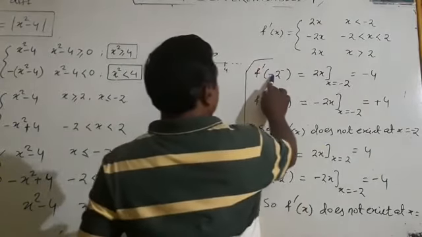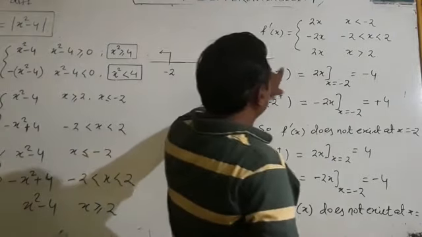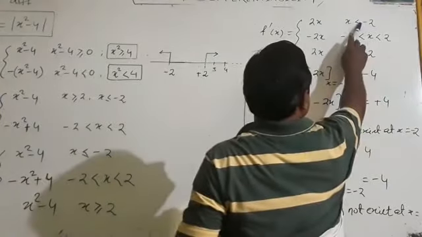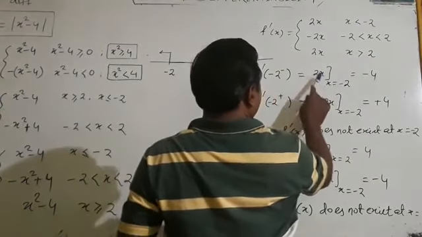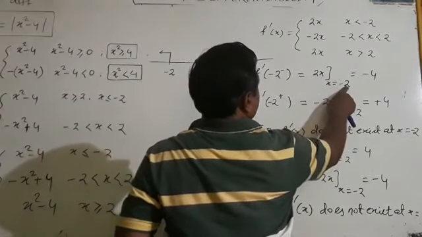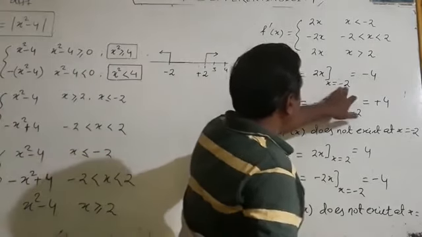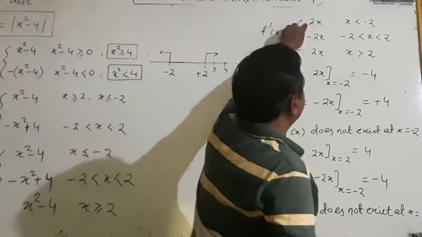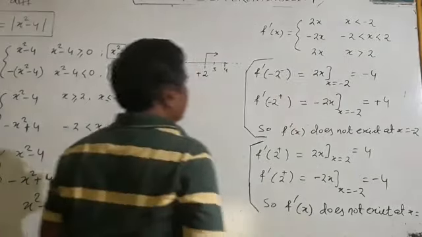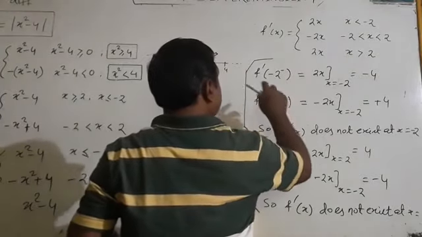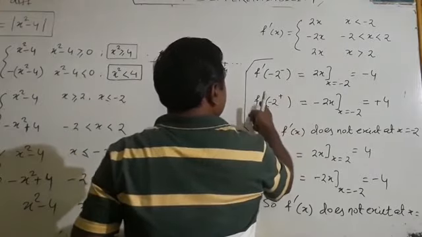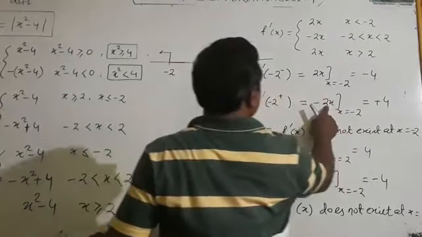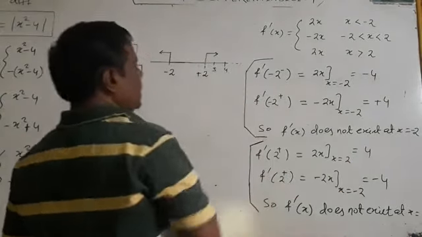Now f′(−2⁻): here x is less than −2, so you take 2x and put x = −2, and it gives you −4. f′(−2⁺) means slightly more than −2, so you write −2x and put x = −2. The result is +4.